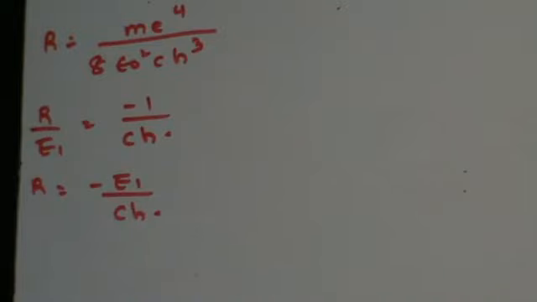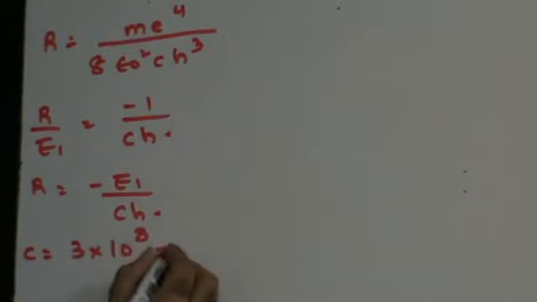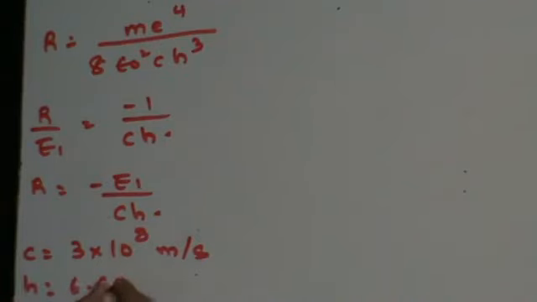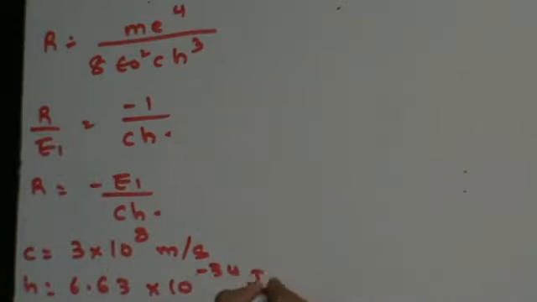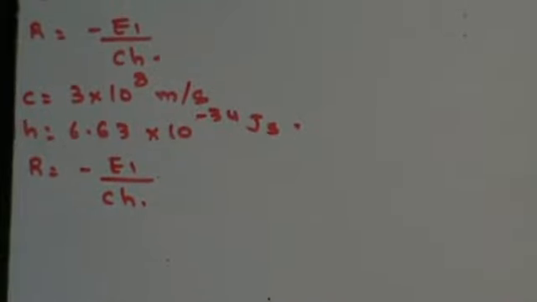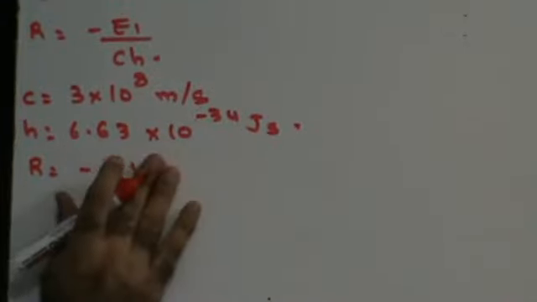Next, R is minus E1 upon ch. I know the value of c, which is 3 into 10 raised to 8 meters per second. I also know Planck's constant, which is 6.63 into 10 raised to minus 34 joule second.